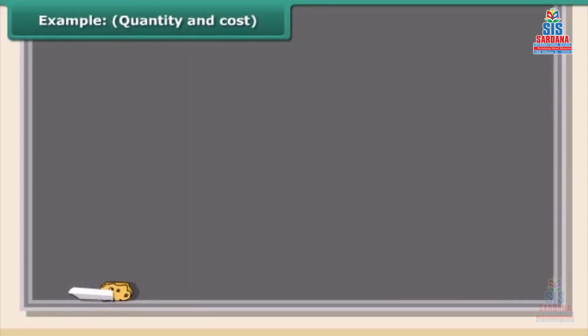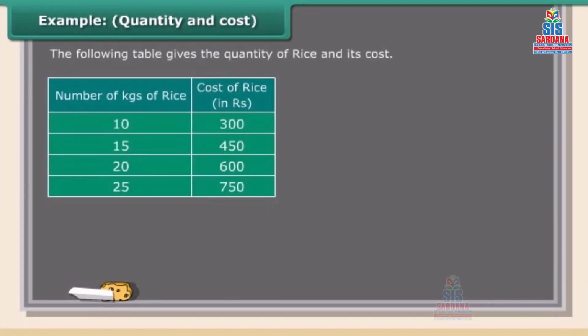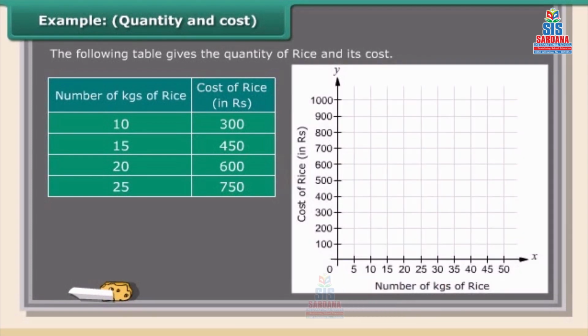Example, quantity and cost. The following table gives the quantity of rice and its cost. Plot a graph to show the data. 1. Mark the number of kgs of rice on the x-axis, horizontal axis, with 1 unit equal to 5 kgs. 2.